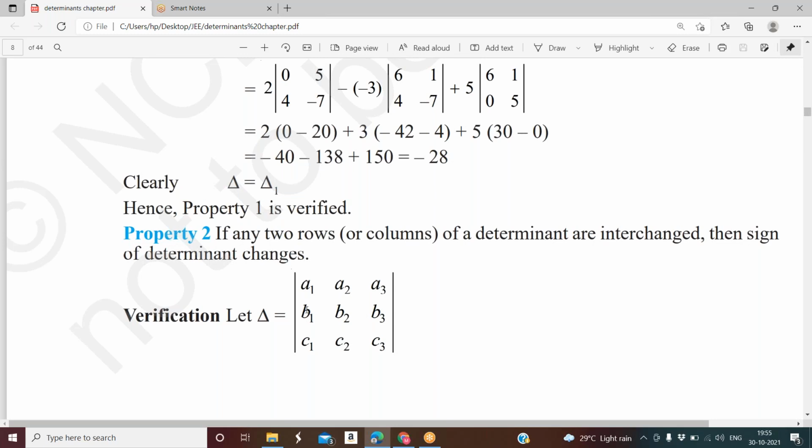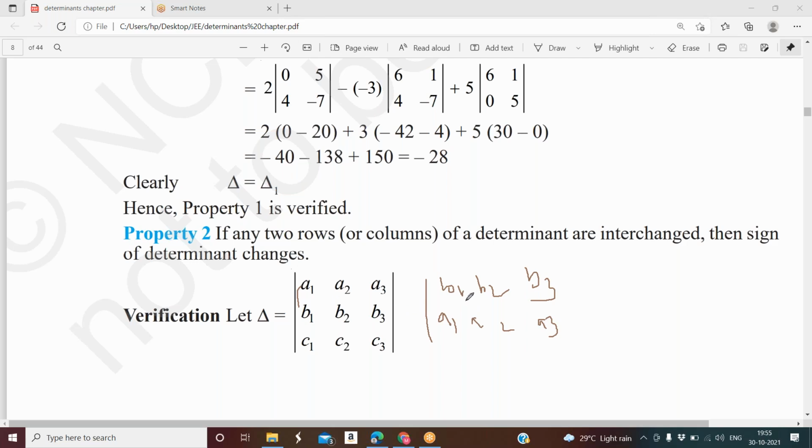If any two rows of a determinant are interchanged, for example, if I interchange these two rows, that means the first row becomes B1, B2, B3, and the second row becomes A1, A2, A3. So here I have interchanged the first and the second row.